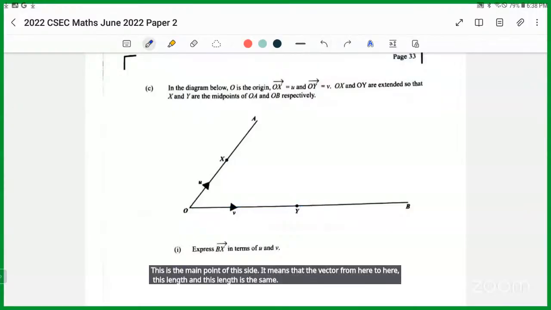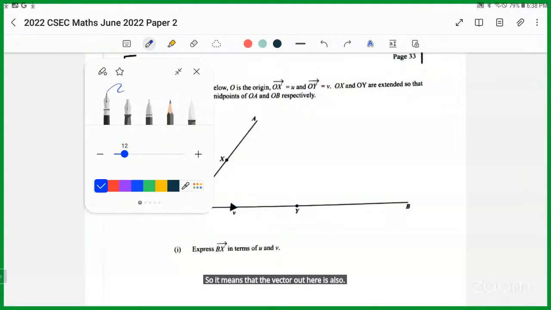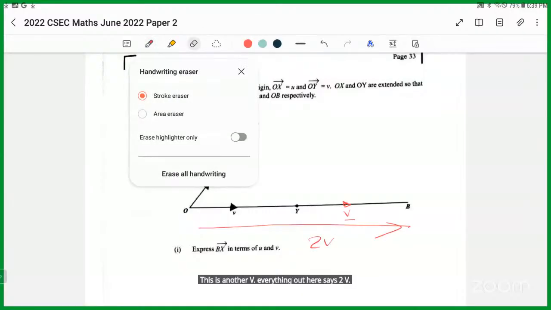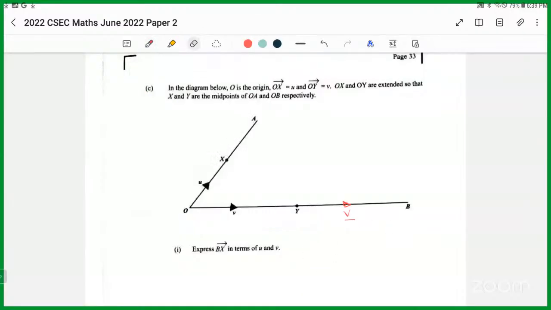So the vector out here is also V. That's another V, so everything out here is 2V. And up here is another U, so the total vector up here is 2U.